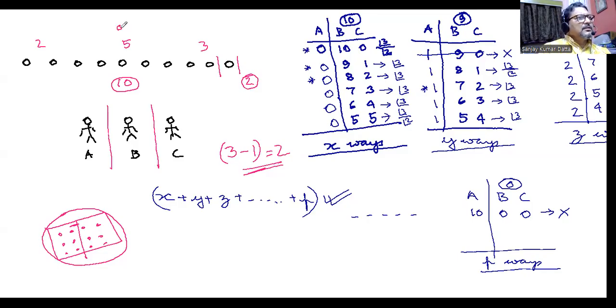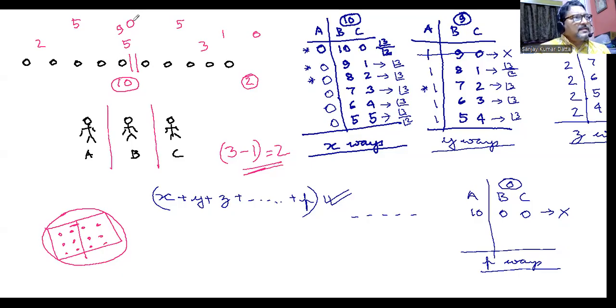One of the boys got 9, the other boy got 1, and the other boy got 0. Correct? Instead of this, say suppose one of the arrangements were like this, both the plywoods together. No problem. One of the boys got 5, one of the boys got 0, and the other boy got 5. Correct? So basically, the number of ways these marbles and plywoods can be arranged will tell you the number of ways you can distribute.